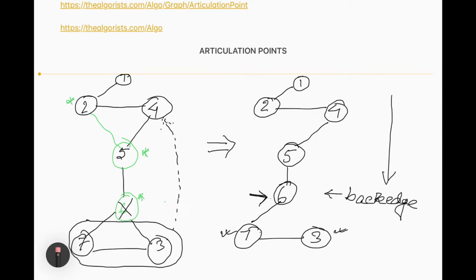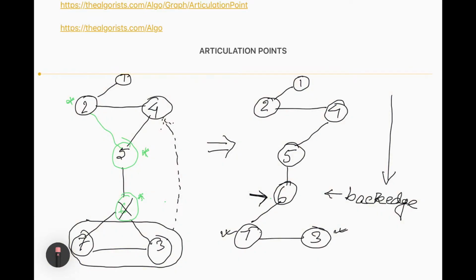So how can we represent this using some data structures? As we do the depth first search, say we started the depth first search from 1, so we visited 1 first. We need to keep the discovery time for every node as we are visiting them.